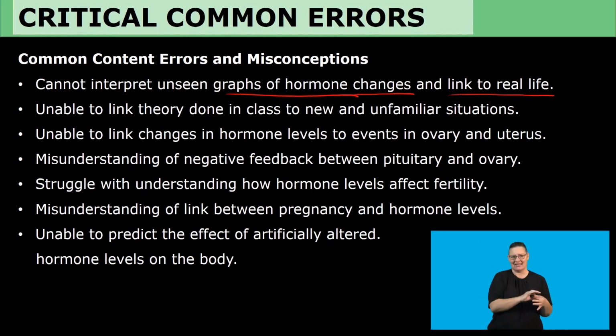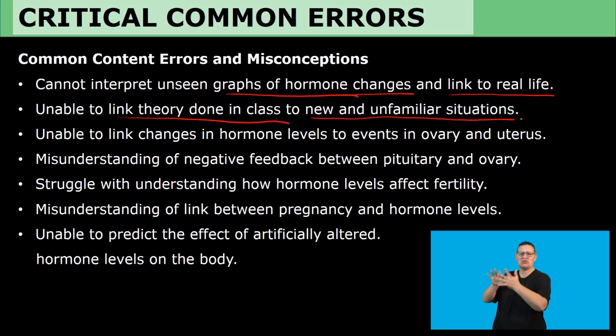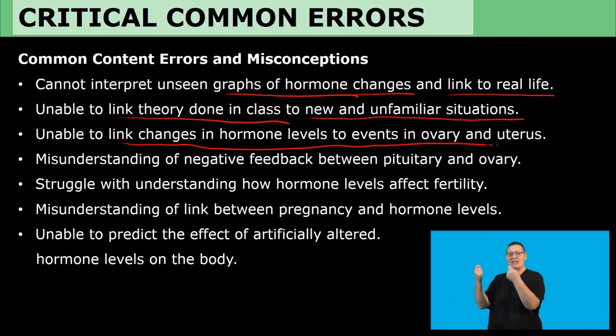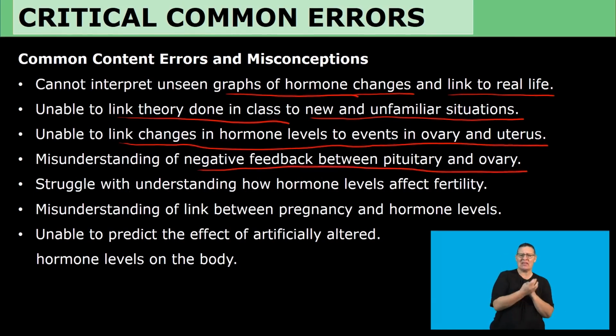They are unable to link theory done in class to new and unfamiliar situations, and they will not be able to link changes in hormone level to events in ovary and uterus. Negative feedback mechanism between pituitary gland and ovary. Even the other ones that are outlined here, they are important, but I have underlined some of the leading ones.